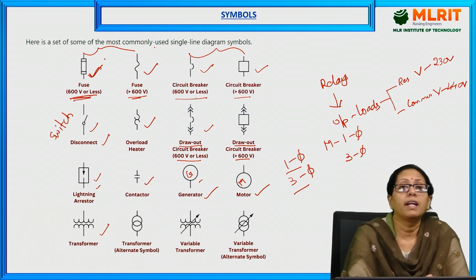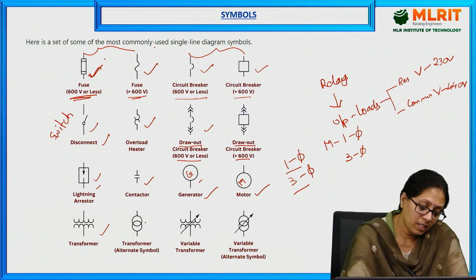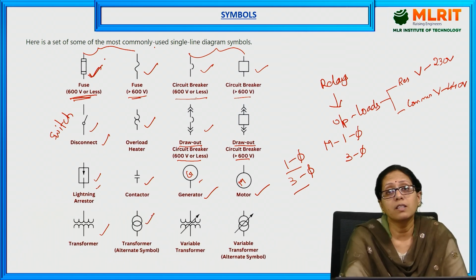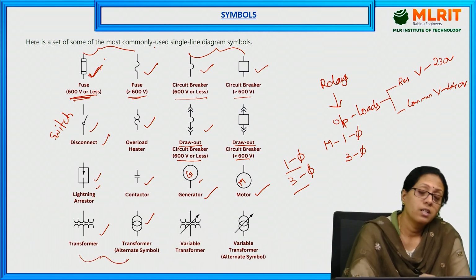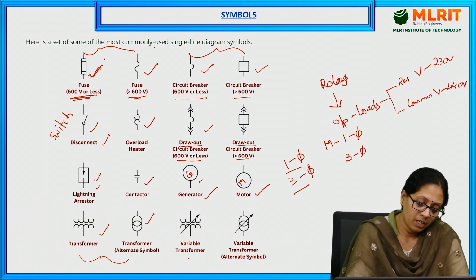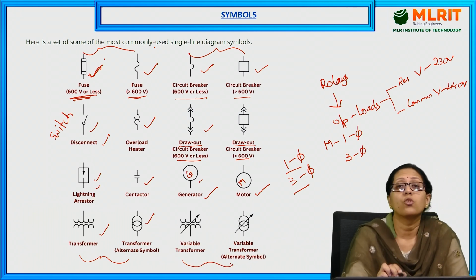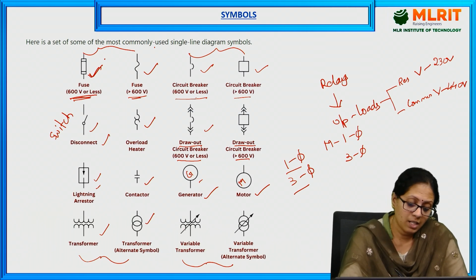This diagram shows you the symbol of transformer. This is also an alternate symbol for the transformer. Both are representing the symbols for transformers. Here these two also show the symbols for transformer, but this arrow mark is there extra.